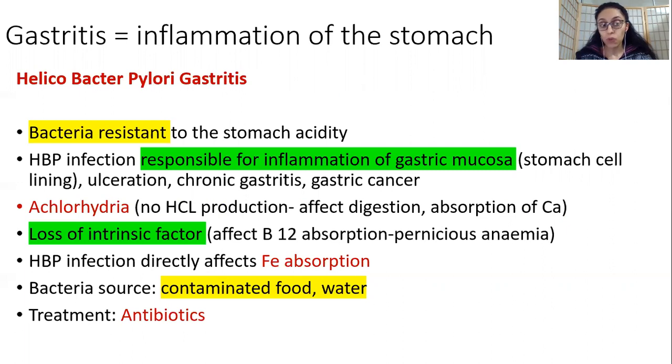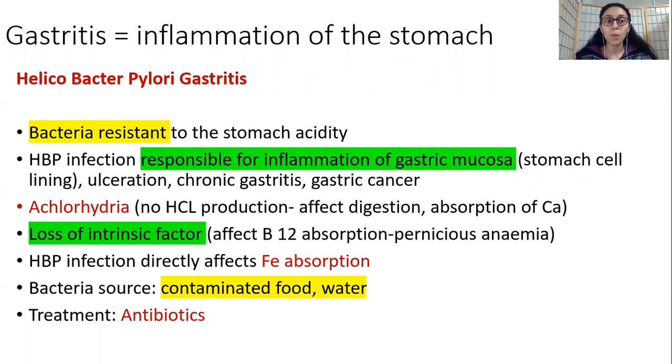And as you know, the classic sign of B12 deficiency is pernicious anemia. Okay, so these things are more food science. Then you have Helicobacter pylori infection, which directly affects iron absorption as well. The main source of this bacterial infection or contamination is contaminated food and contaminated water. All right, and the treatment is heavy antibiotics. So basically this is one of the key reasons for gastritis.